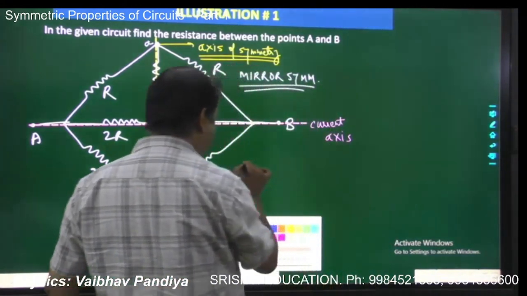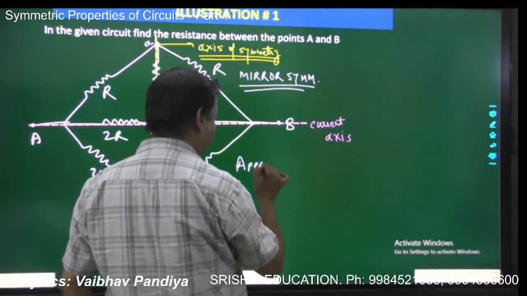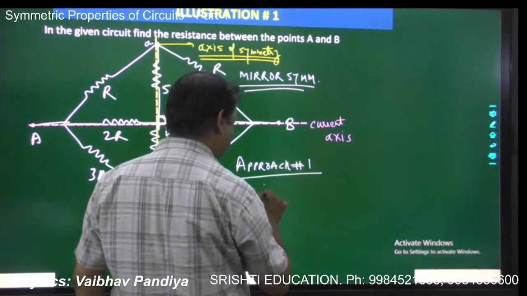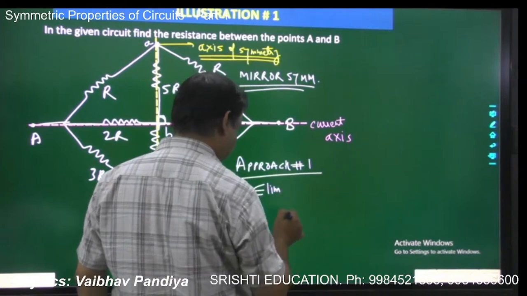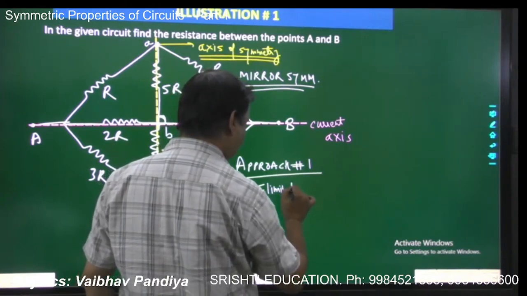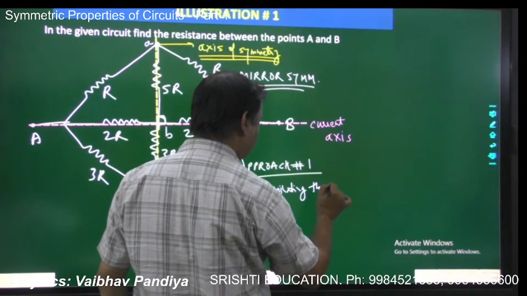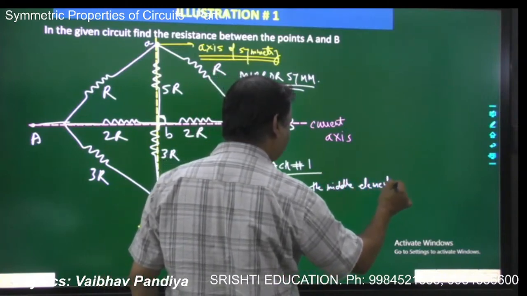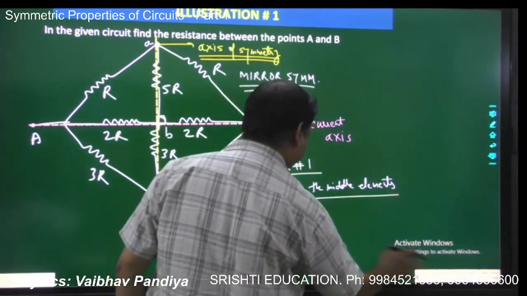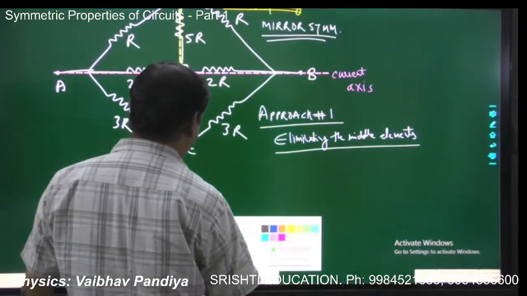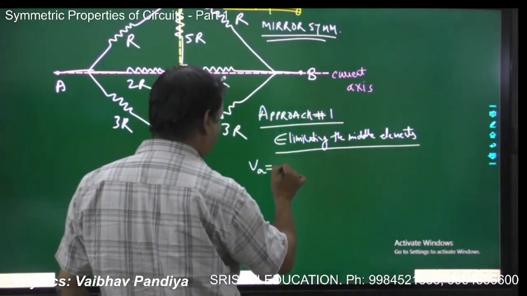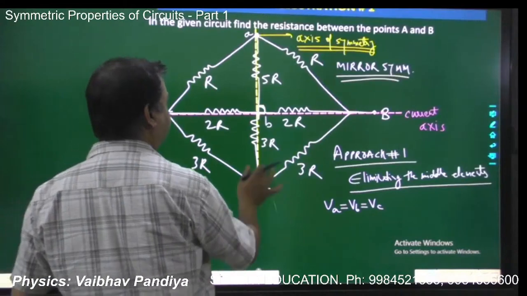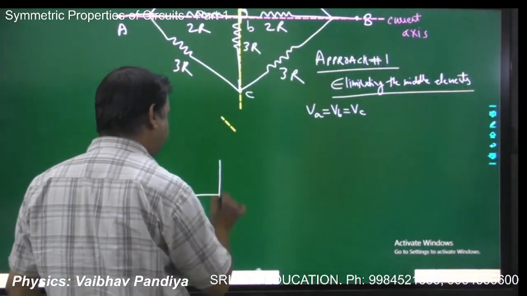So I'm applying that approach, say approach 1, eliminating the middle elements. If I eliminate the middle elements, VA will be equal to VB, and this will be equal to VC. So I can make a new figure. 5R and 3R will be eliminated. So you will have a circuit something like this.